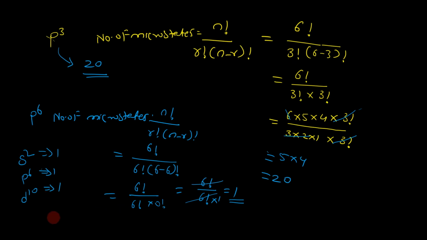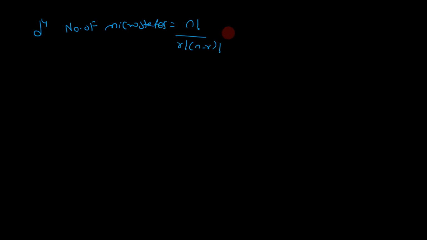Okay, now let's move to the next example. So when you solve for D4, the number of macrostates is n factorial upon r factorial times n minus r factorial.